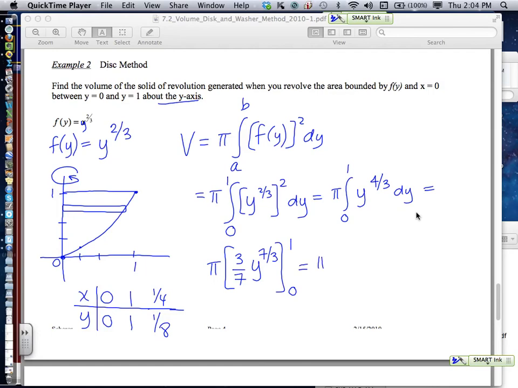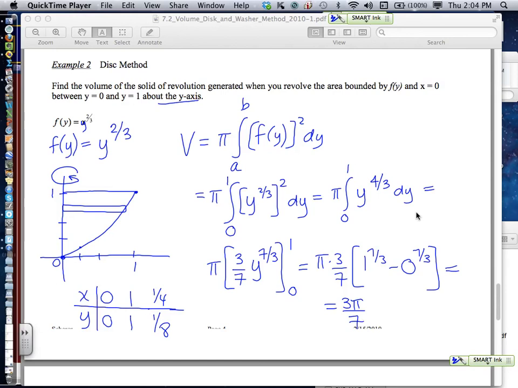So we get pi times, I'm going to pull the 3/7 out front, and then I just have 1 to the 7/3 power minus 0 to the 7/3 power. That's 1 minus 0. So we just get 3 pi over 7 as our solution.